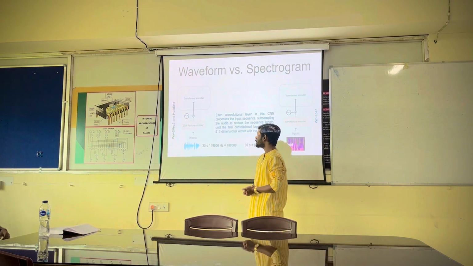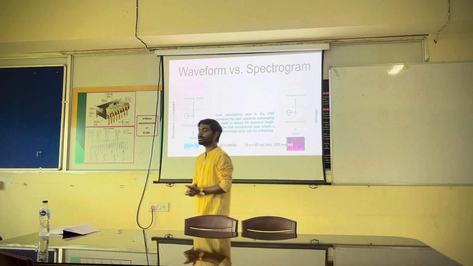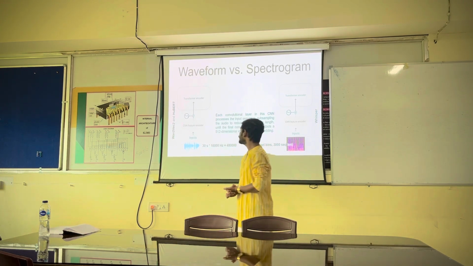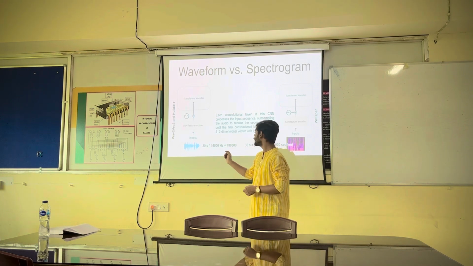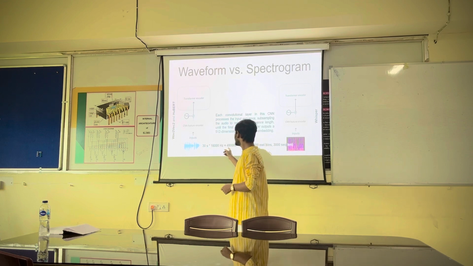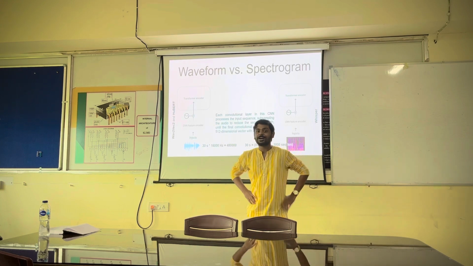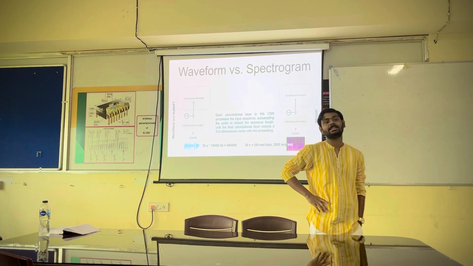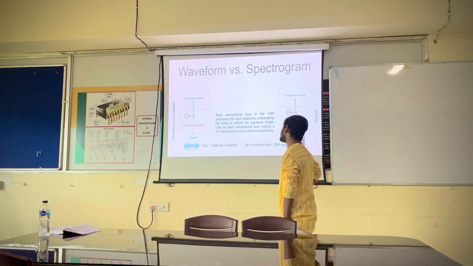As you can see, for 30 seconds of input sampled at 16,000 hertz, it would give around 480,000 sequence length. That's a huge number, and it will require a lot of memory.